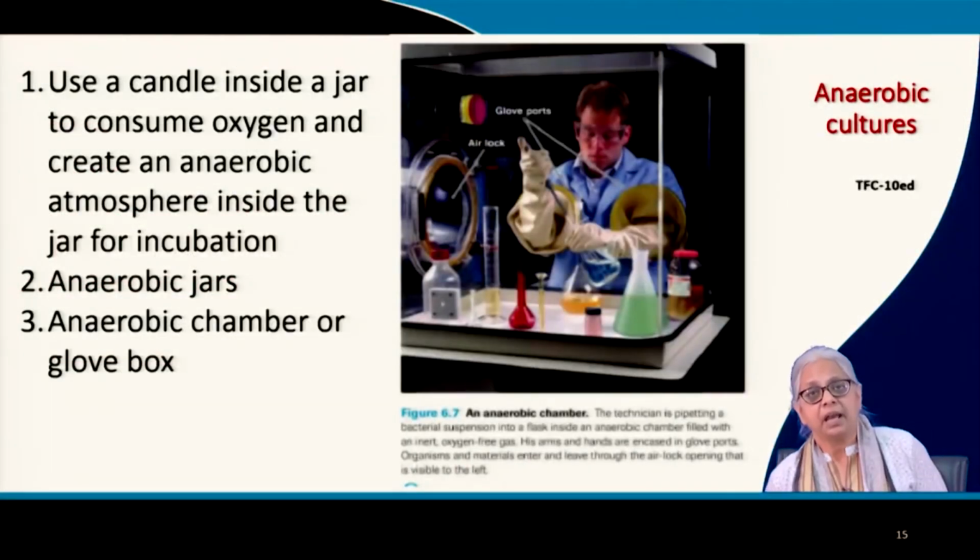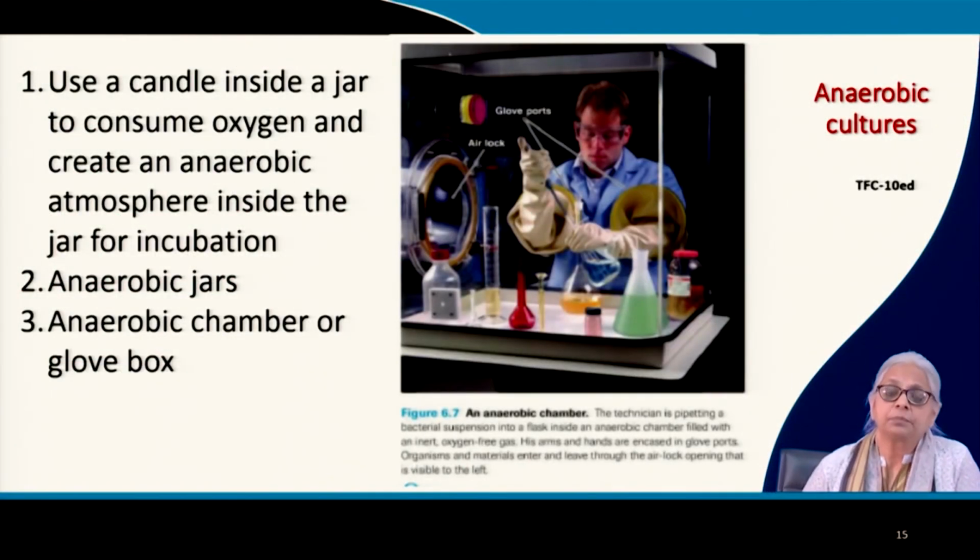How do we culture anaerobic bacteria? Now that becomes a major challenge because our environmental conditions are fully aerobic. We have ample oxygen in our environment, and therefore whatever we culture here is generally aerobic bacteria and other microorganisms. If I want to cultivate anaerobic microorganisms, I need a different kind of setup.